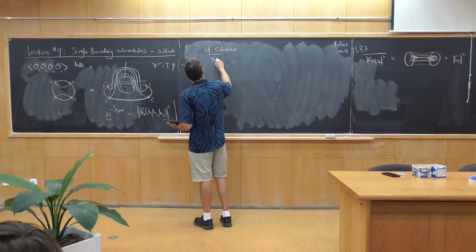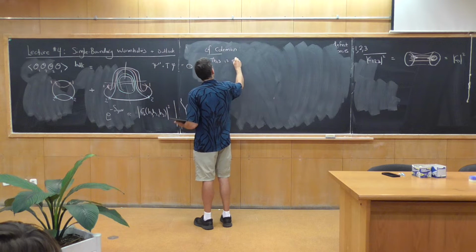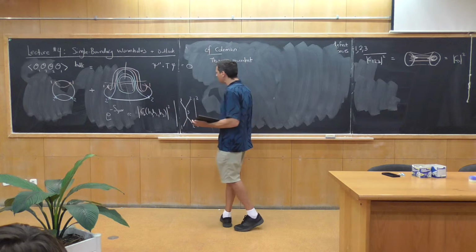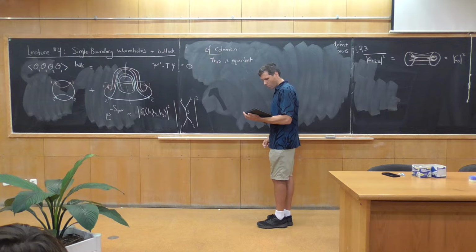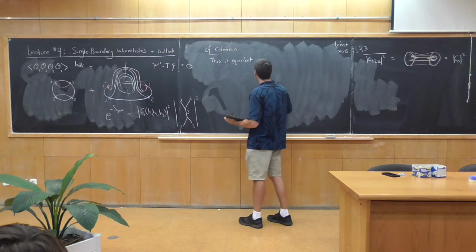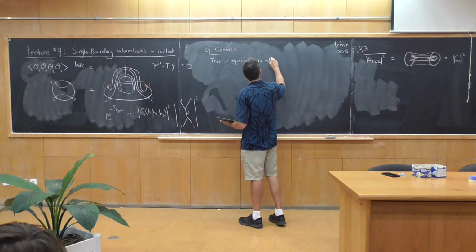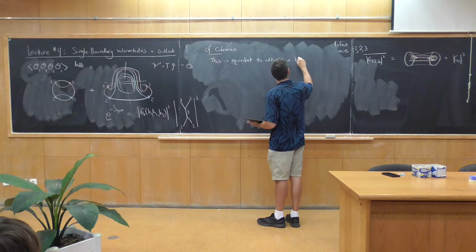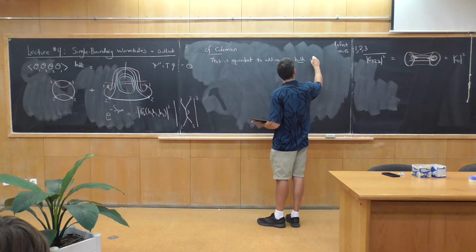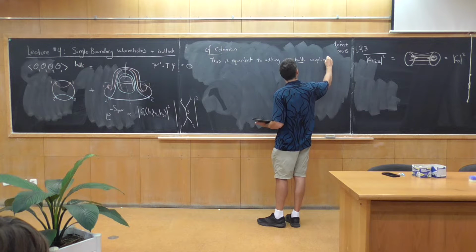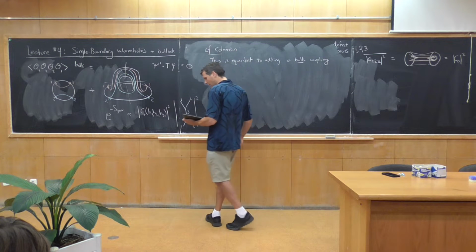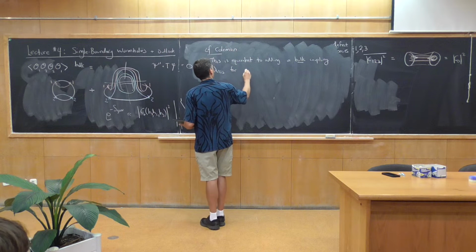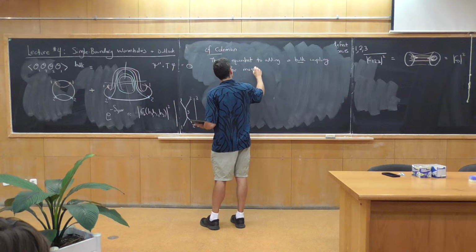So it's easy to see that this is equivalent to adding a bulk coupling lambda 1, 2, 3 for the massive particles.